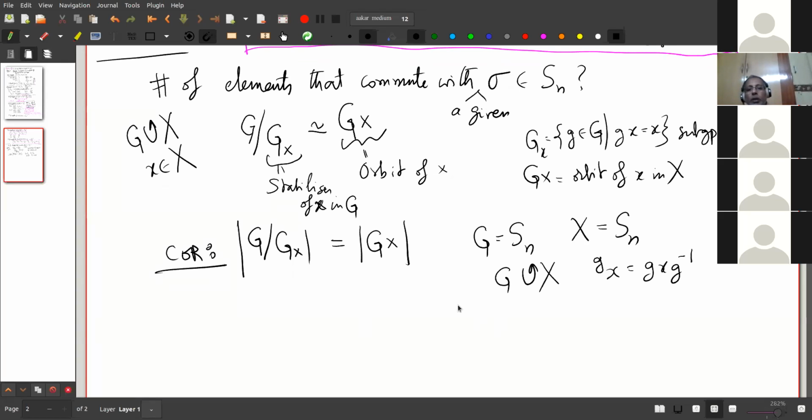Then suppose I give you an element X, which is an element of Sn. What is the orbit of X? So what is Gx in this context, meaning in this example?